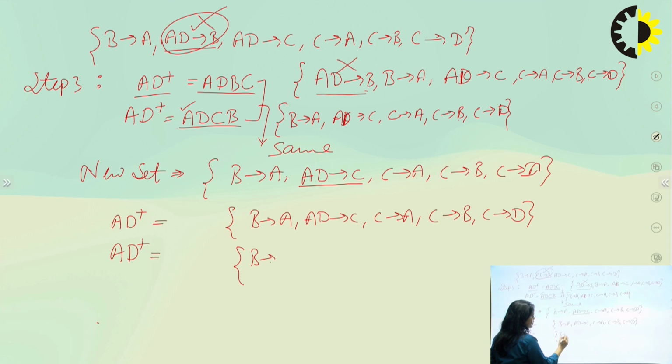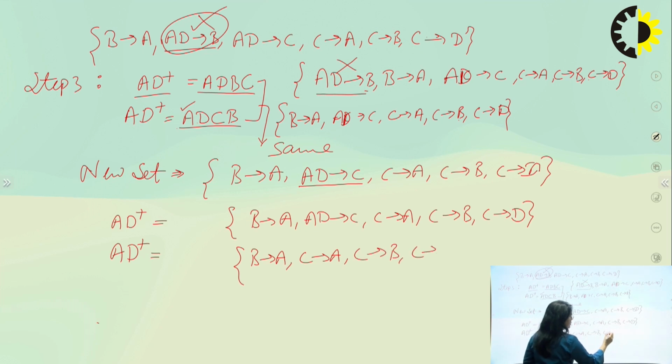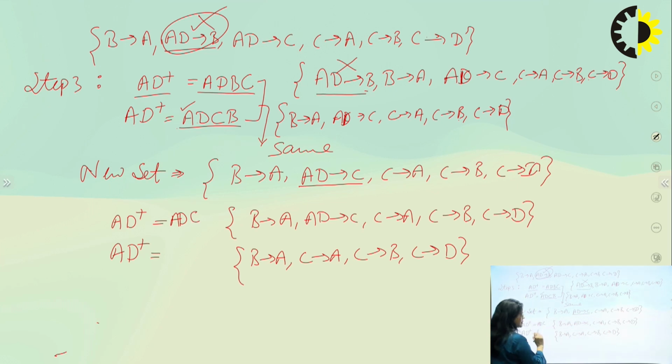So we will write this: C tends to A, C tends to B, C tends to D. Fine. So when we are calculating this, AD is already with us, and if we are having AD, then we can deduce C. Yes. We can deduce B also. If we are having C, we can deduce B also. So all the attributes can be deduced if we are having this functional dependency set, right?